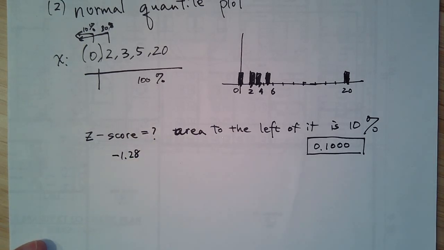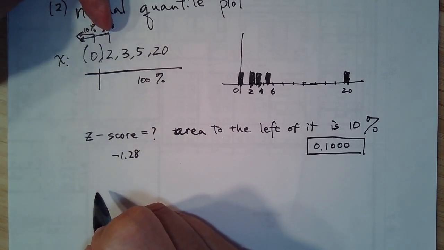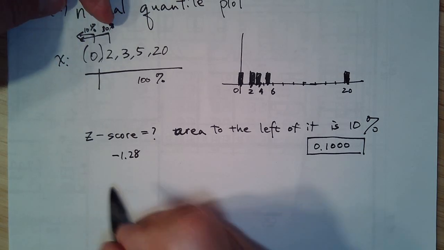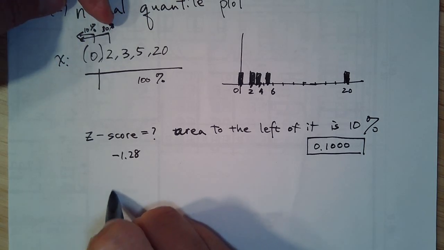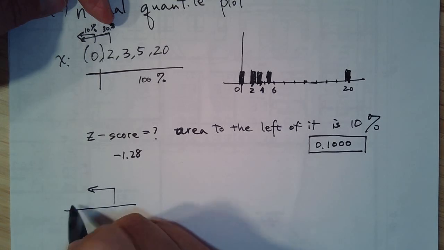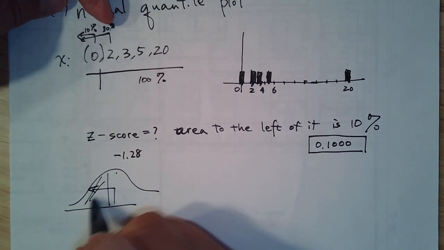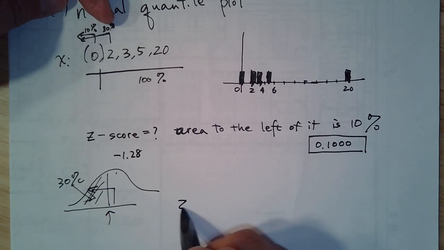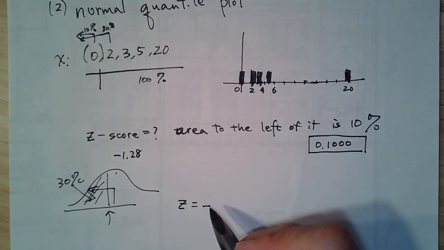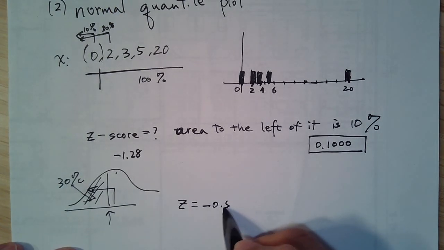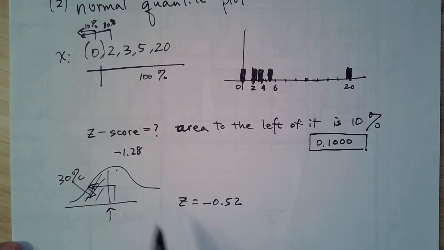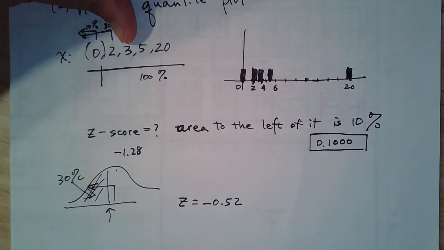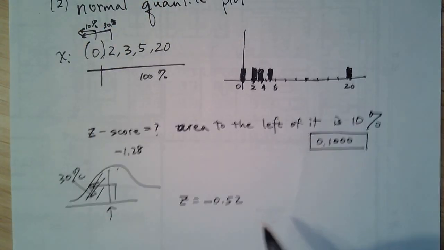The next one, for this 2, the area to the left is 30%, and I believe I got a z-score of negative 0.52. Then the next one, for 3, is right in the middle, 50% of the data less than that, so the corresponding z-score is 0.